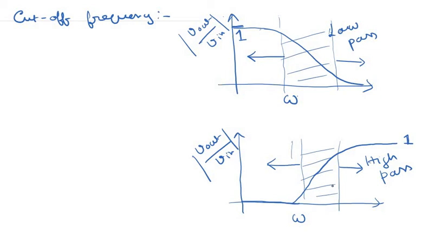So cutoff frequency basically defines the region, or the frequency around which the switching happens.